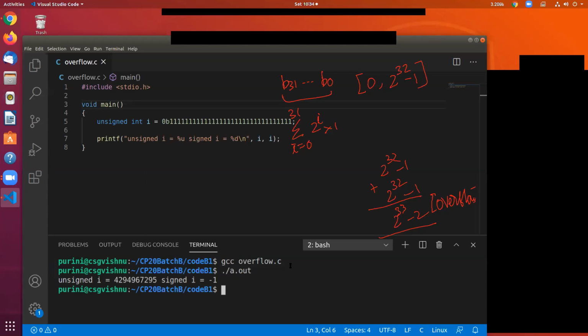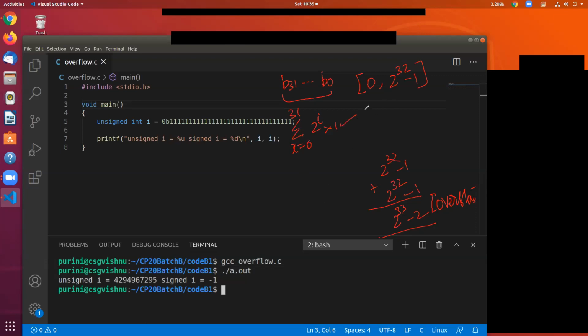The first point here is that a bit pattern by itself doesn't mean anything. How we interpret it is what matters. When we interpret it as an unsigned number, this is the function that is applied.